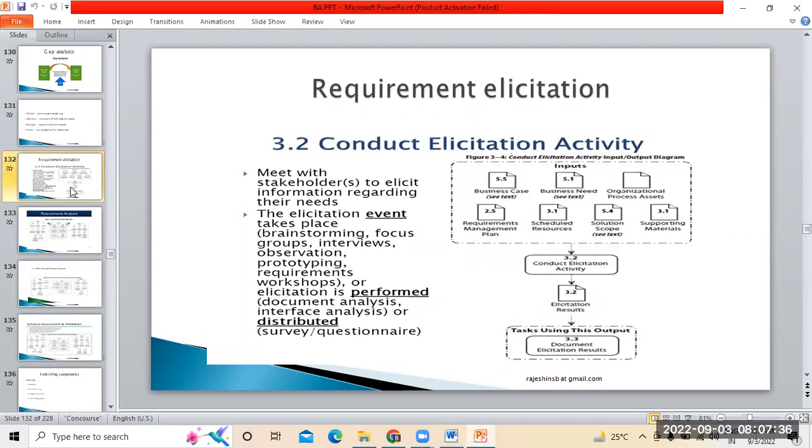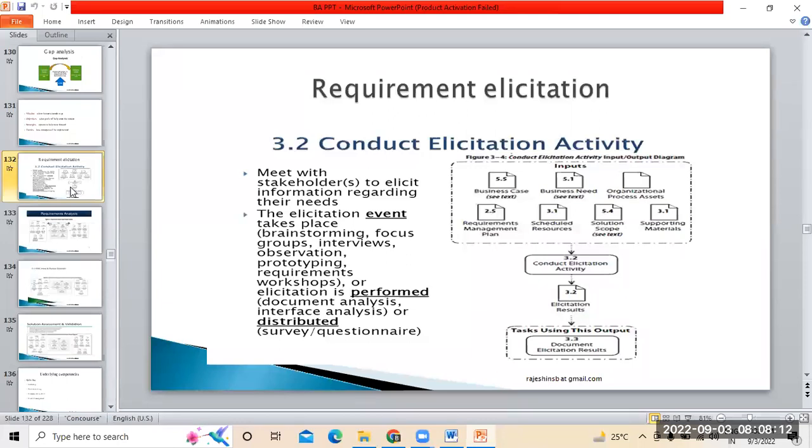If you would like to know the pulse of a large number of people regarding the requirements, obviously we will provide them questionnaires. At the same time, we will be developing some prototypes. Prototype means how the requirement looks from an external point of view. Sometimes the customer asks for it, so we need to provide that to them.